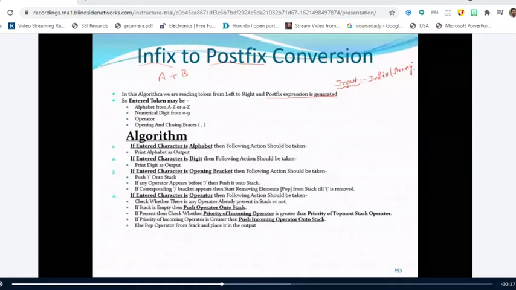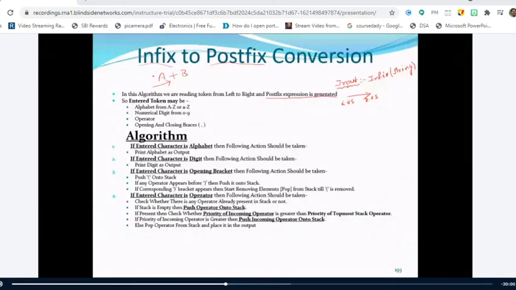So once you get the infix expression from the user, you have to scan it, or read it, from left hand side to right hand side. When you read the expression, you have to take each and every character from the string. So you take the first symbol as a token, using a pointer.